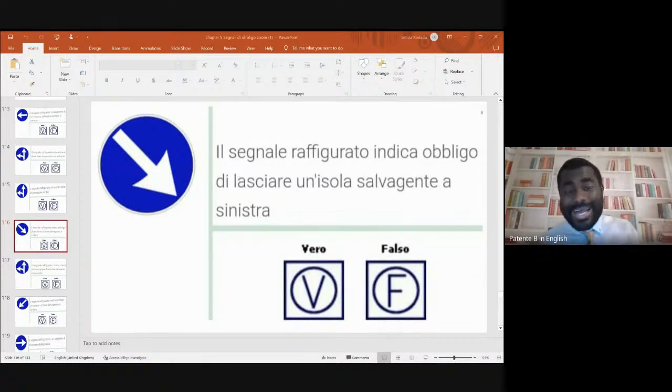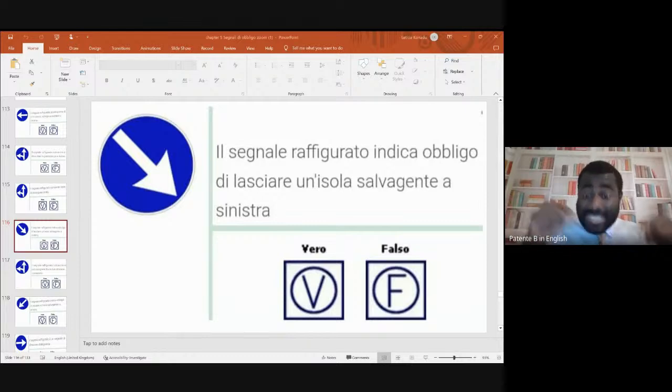So this signal is indicating an obligation di lasciare, that is, leave this isola salvagente, whatever may be the obstacle, on your left hand side. And the answer to this question is true. Leave it on your left and pass on your right.